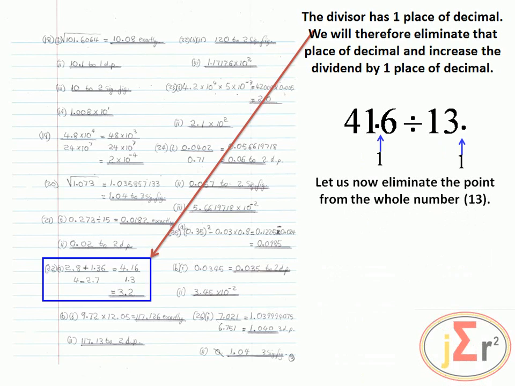Let us now eliminate the point from the whole number, because we do not need any more point because it's not a fraction. But the point in the dividend cannot be removed because it is essential to maintain the value of that number. So we have 41.6 and we are dividing that by 13.